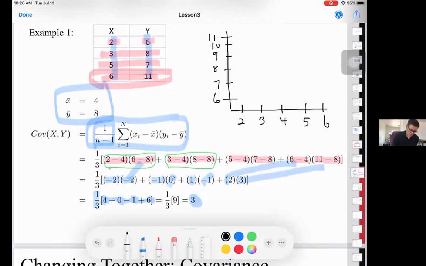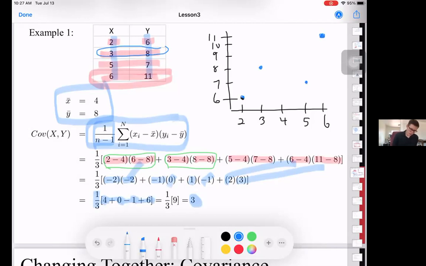So 2, 6 is 2, 6 right here. Okay. 3, 8, the second row is going to be 3, 8 right there. 5, 7, go up from 5 to 7. And 6, 11. 6, go up all the way to 11.